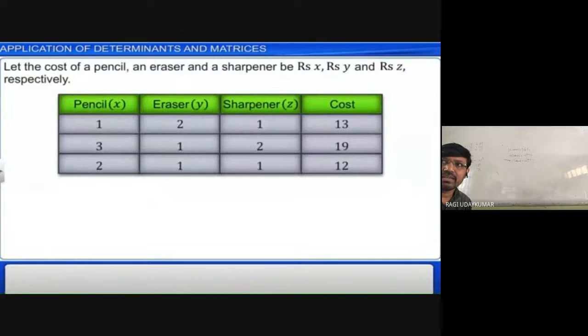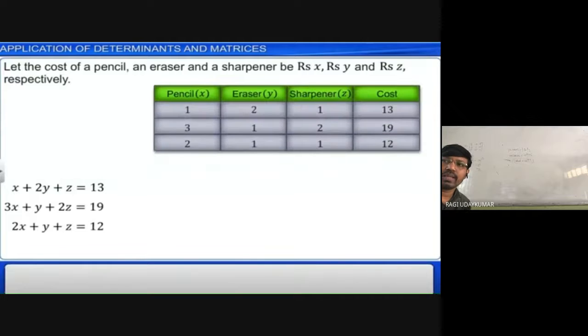So now you see here, let us consider the cost of each pencil as x rupees, eraser as y rupees, and sharpener as z rupees. From that we are going to get the equations x plus 2y plus z is equal to 13, 3x plus y plus 2z is equal to 19, and 2x plus y plus z is equal to 12.